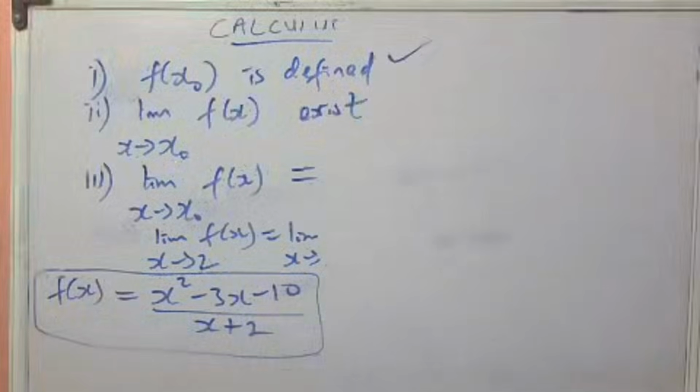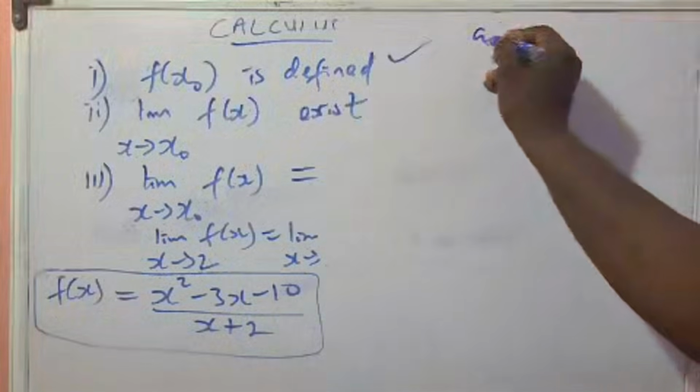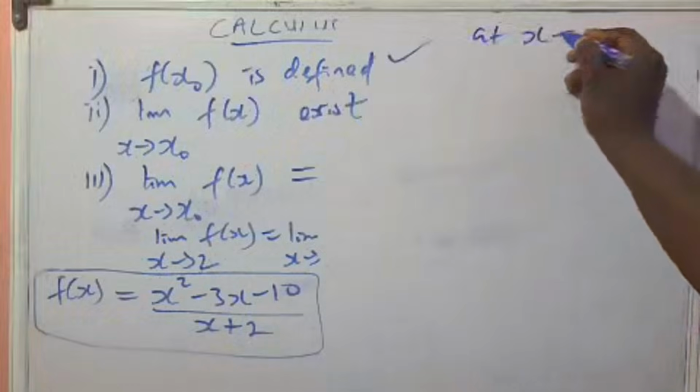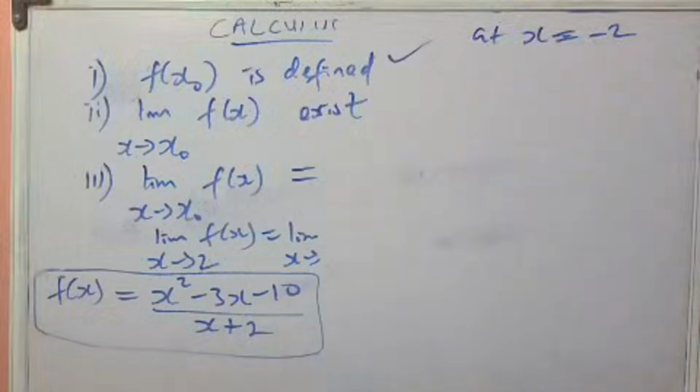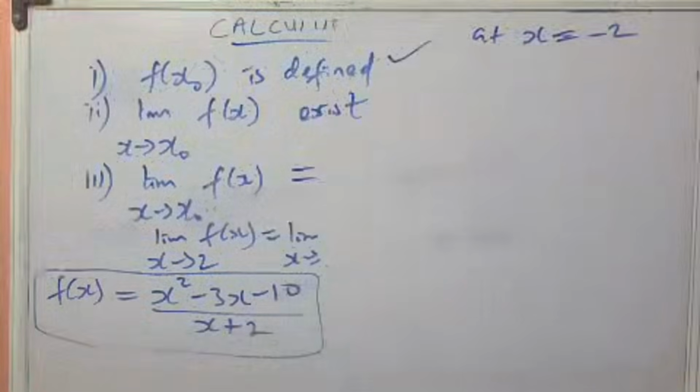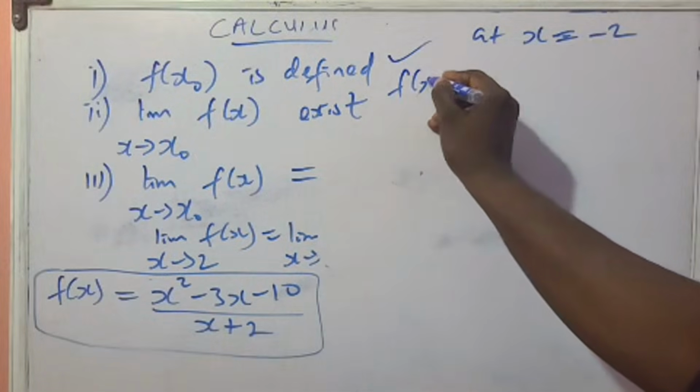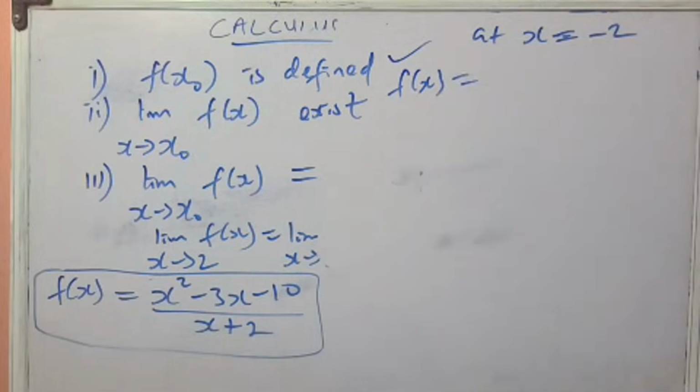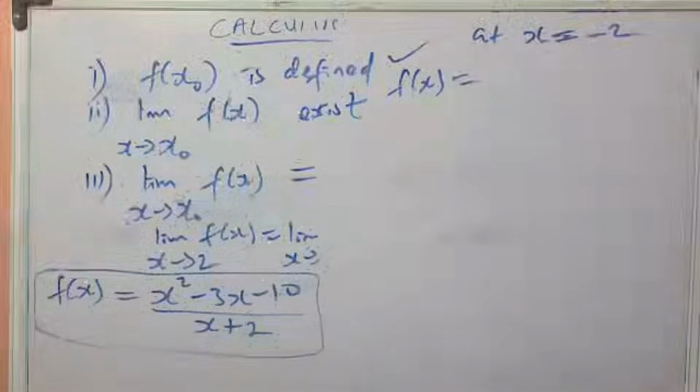Now that I know that it's discontinuous at x equals -2, the next question is, could you remove this point of discontinuity? What you have to do is try and simplify your function. That's how you're going to know if you could remove it or not. So if I have this function, I want to try and remove it.